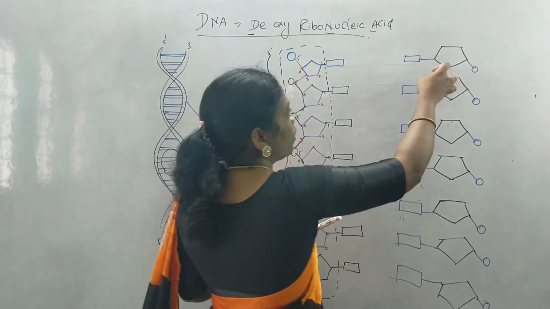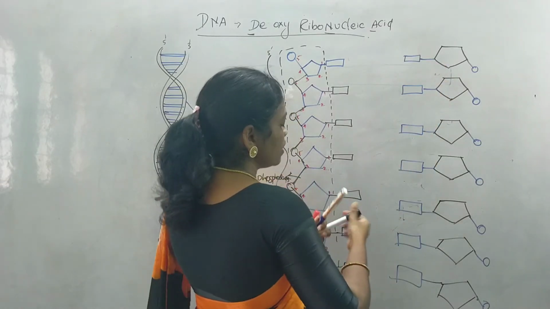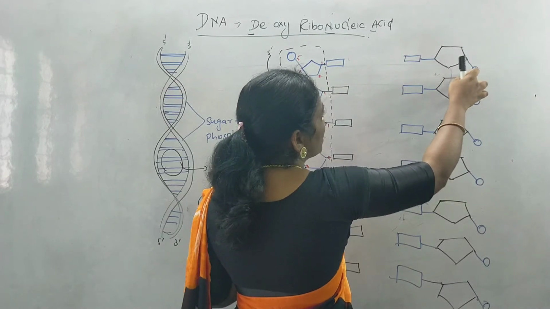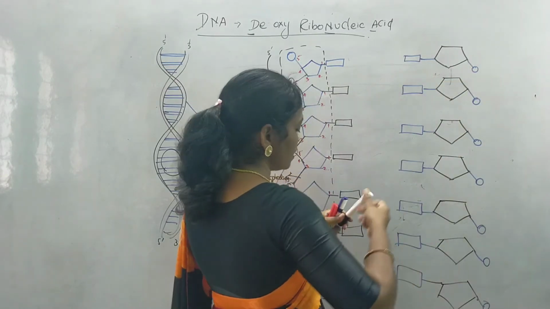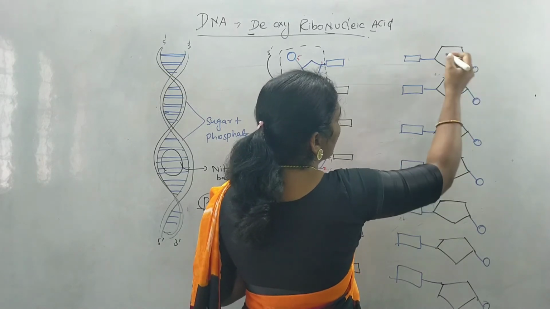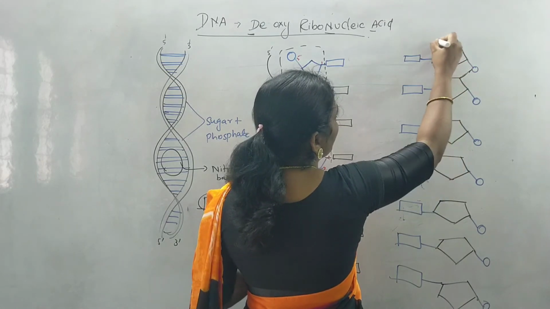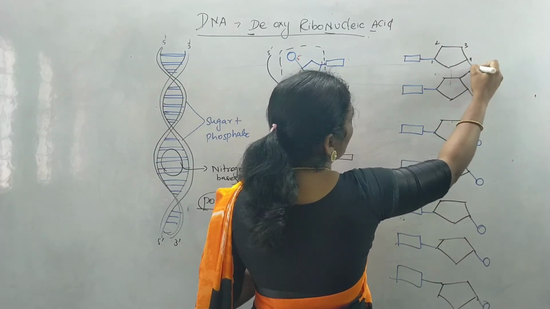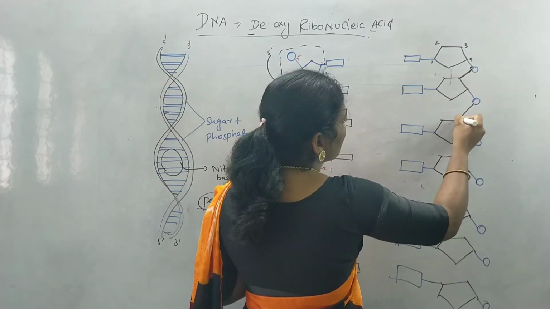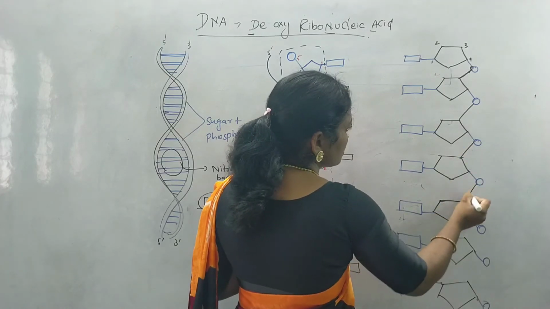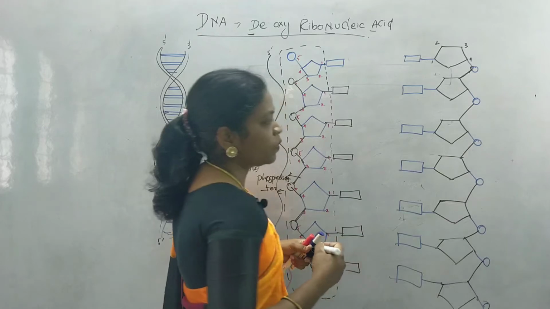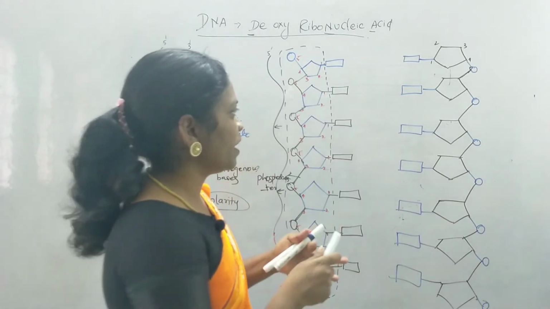As we all know how adjacent nucleotides are connected, the fifth carbon phosphate group is attached to the third carbon region of the adjacent nucleotide. So this is the third carbon. When we write the numbers, it goes 1, 2, 3, 4, and this is the fifth one. The fifth carbon atom is attached to the adjacent nucleotide on the third carbon end. So we have formed the next strand.